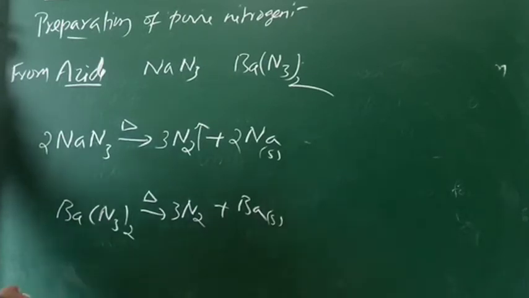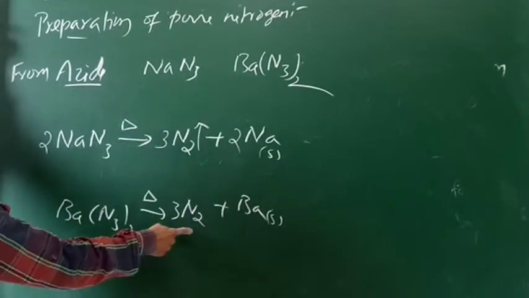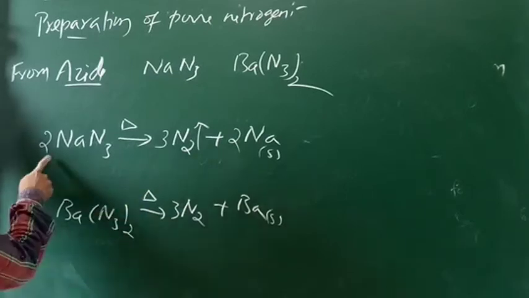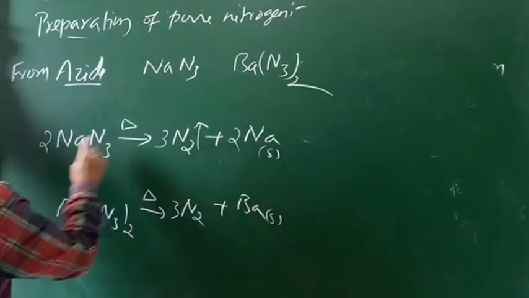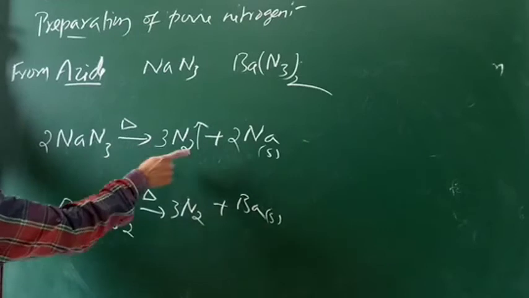Every equation balanced. 3 into 2, 6, 3 into 2, 6. Ba here, 2 Na, 2 Na. 2 into 3, 6, 3 into 2, 6.